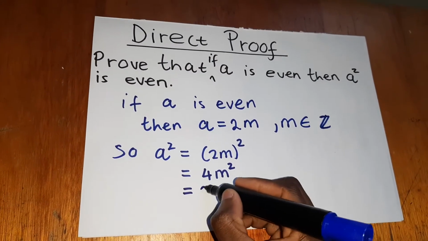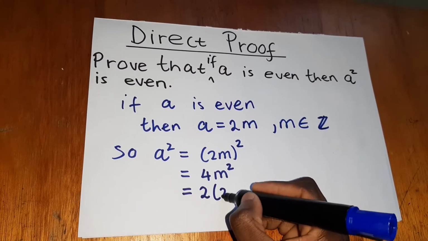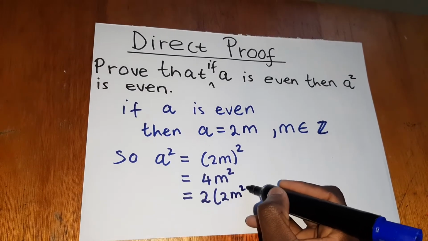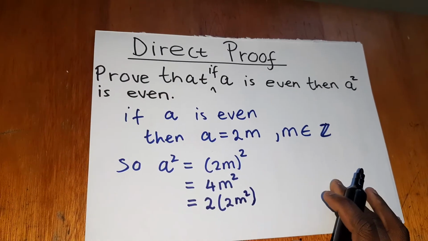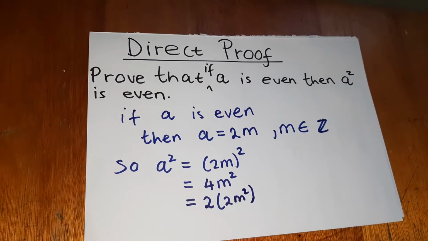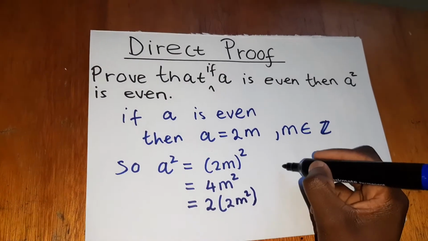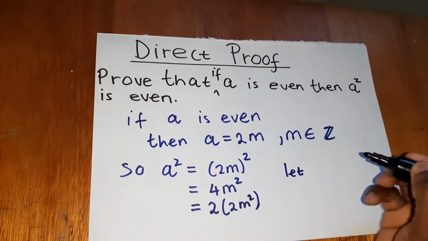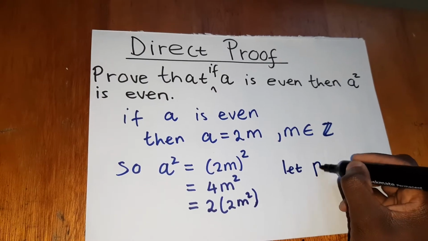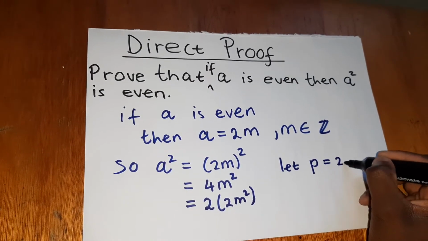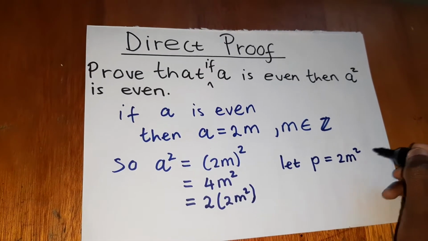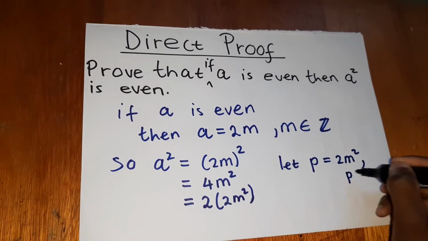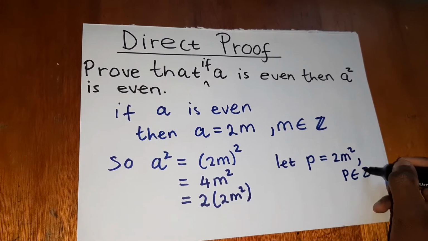So we will have 2 multiplying 2m squared. This is what we have. Then from here, we can say let p be equal to 2m squared, where our p is an element of integers again.